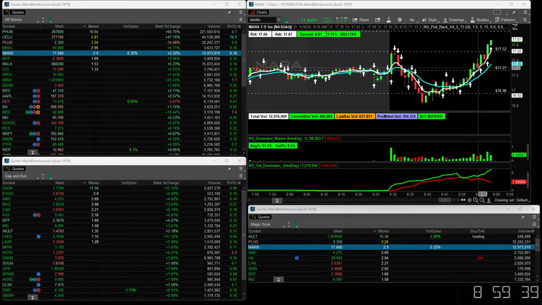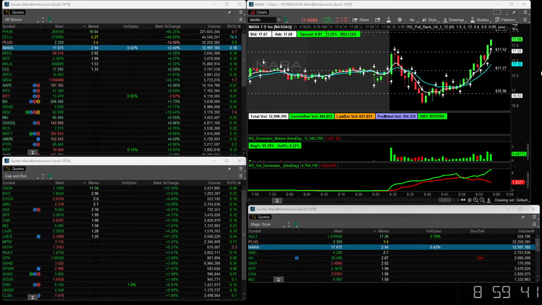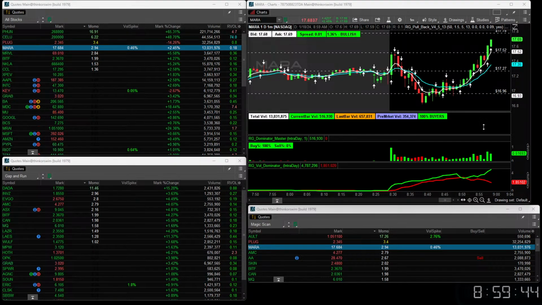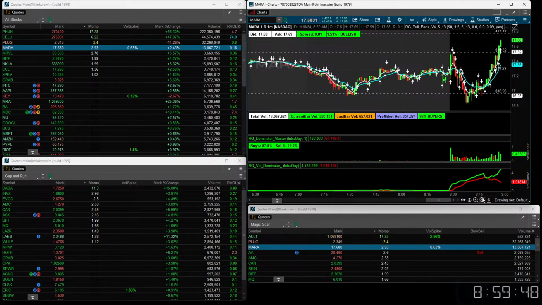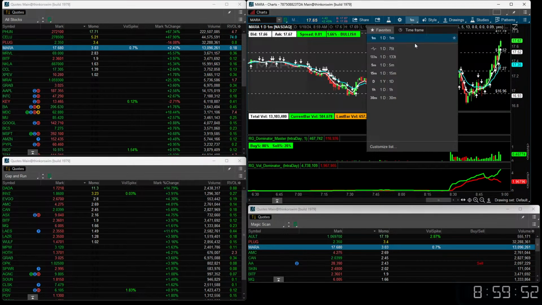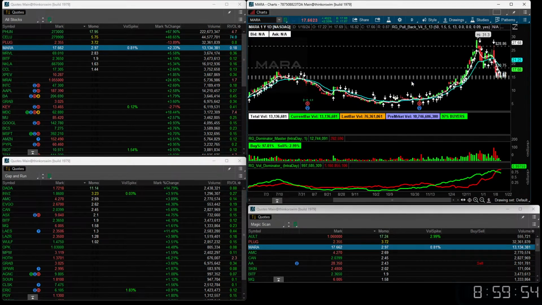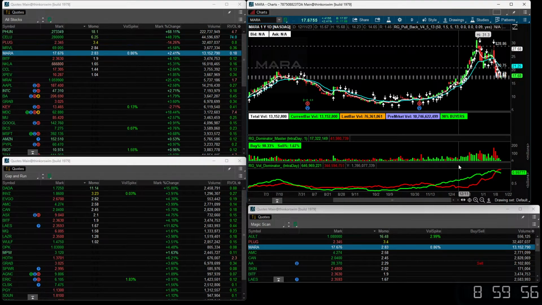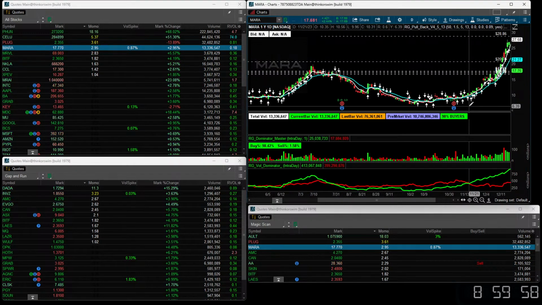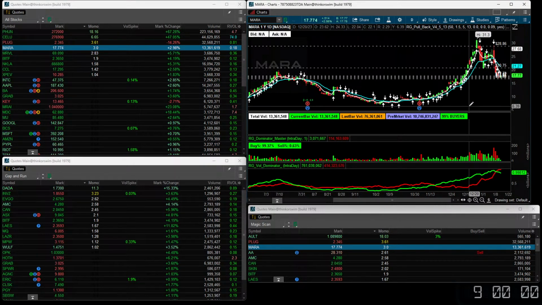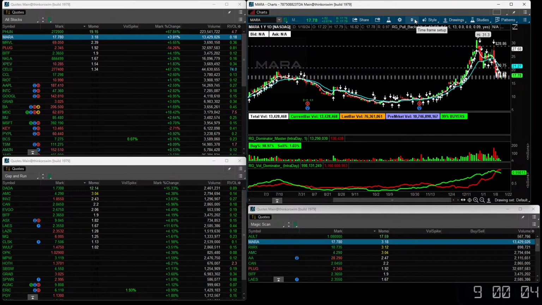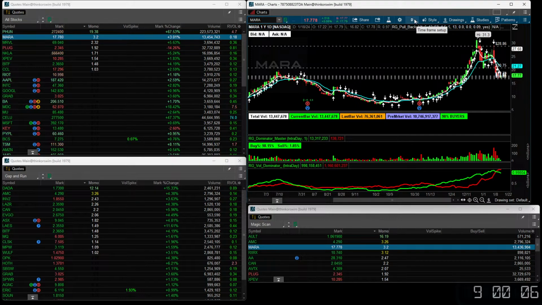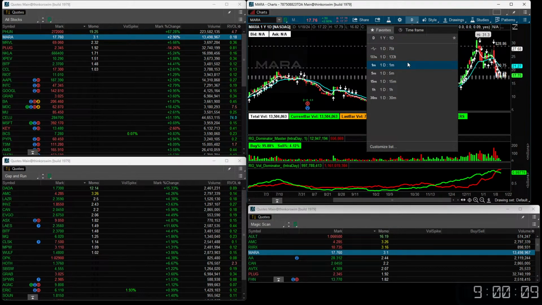Okay, Mara did break through. That's a good sign. Let's zoom out and see where we actually are on this stock. I'm going to want it to come down and retest. So that's the daily. On the daily, this stock is trending down. It's just on a little bump up currently.